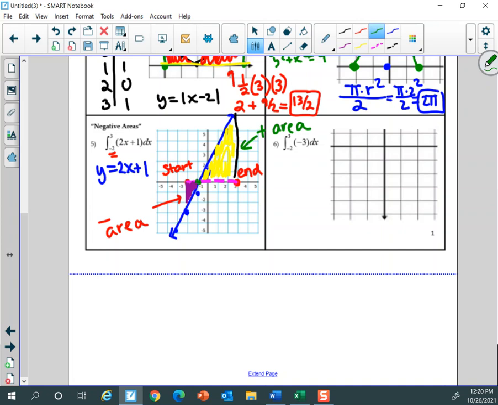So my little triangle, the -1, is 1/2 times 1 times 2. My positive triangle is 1/2 times 4.